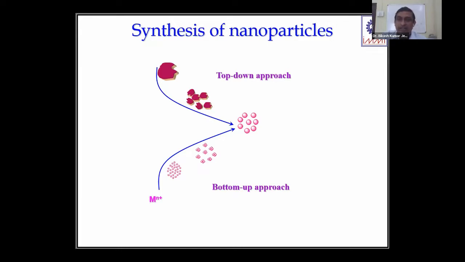The atoms get nucleated, and with controlled nucleation, by providing some stabilizing agent or structure-directing agent, you can get nanomaterials of different shapes and sizes. The bottom-up approach is quite interesting because you can control the shape and size of the nanomaterial, and you can get a narrow size distribution. But in the top-down approach, the range of nanoparticle size will be broad.